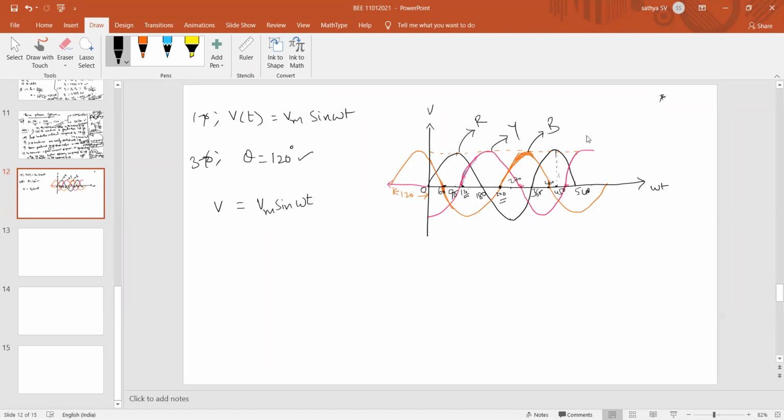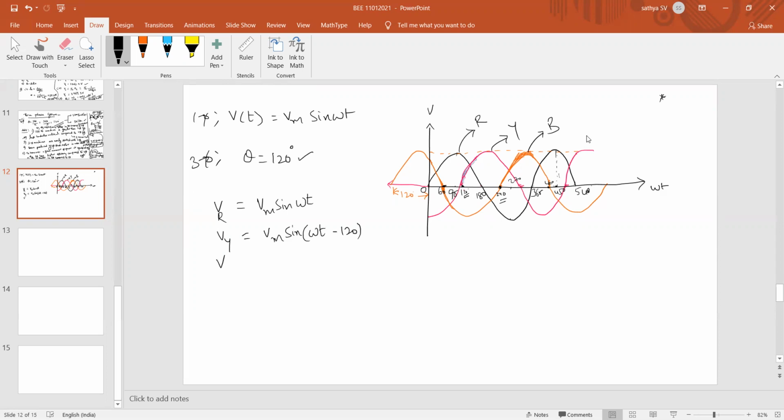That means your second waveform, how can we represent it in the equation? It should be, let us take this as our VR, the second voltage, Vy equal to Vm sine of omega t minus 120.